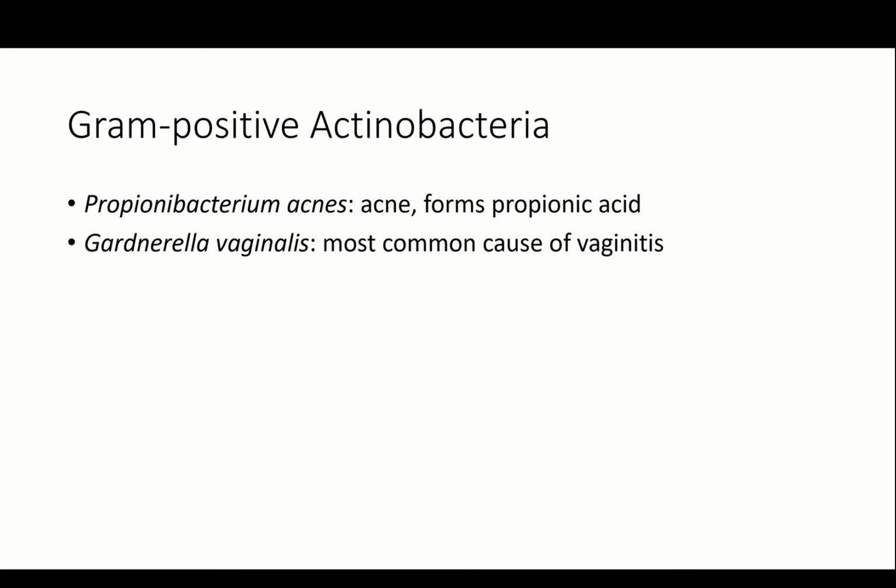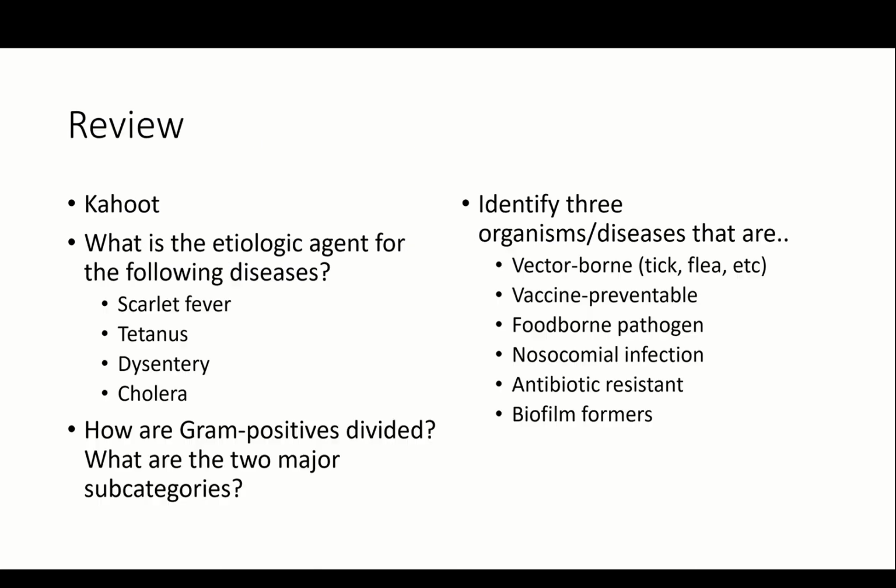That's what you're smelling, the propionic acid. Gardnerella vaginalis, as the name tells you, causes a vaginal infection called vaginitis. Anytime you see the suffix itis, that means inflammation of the root term that comes ahead of it. So this is inflammation of the vagina. And so we'll talk about Gardnerella vaginalis later on when we get to the reproductive system infections.